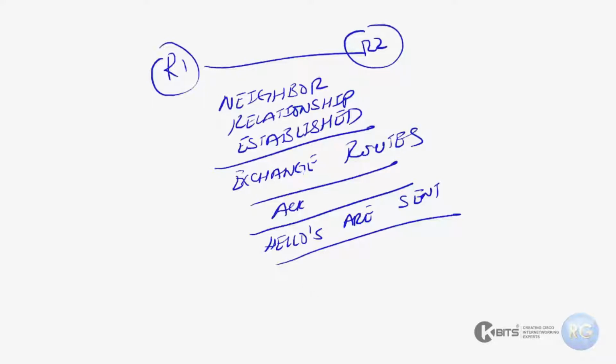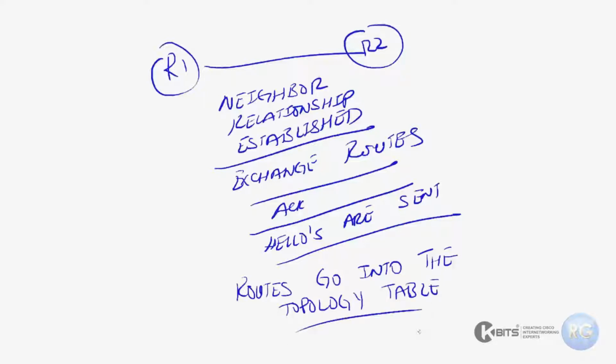The way the routes get propagated, the routes go into what? Into the topology table. Runs the algorithm. If I have multiple routes, the best route gets put into the routing table. What is that route called?